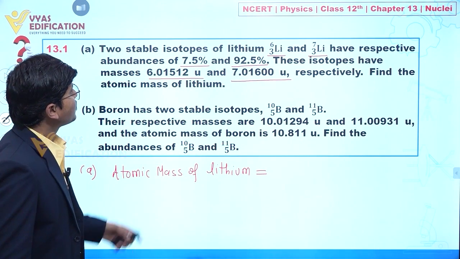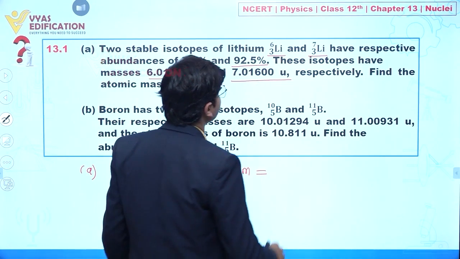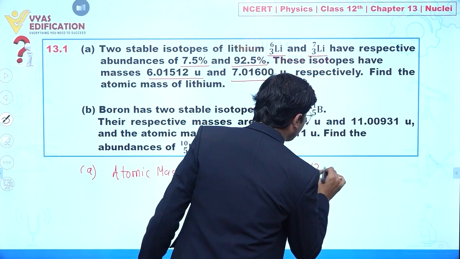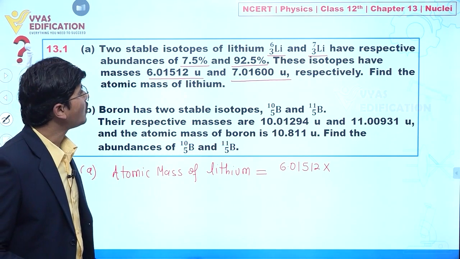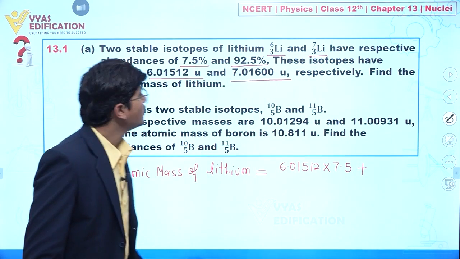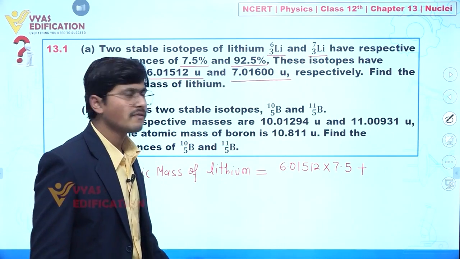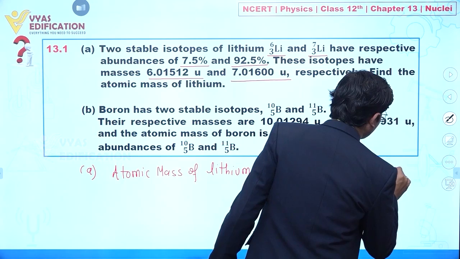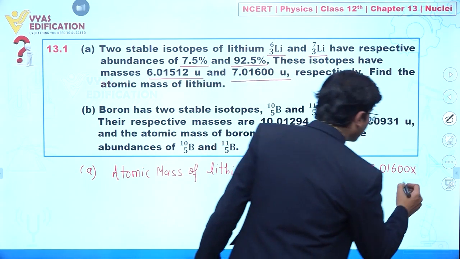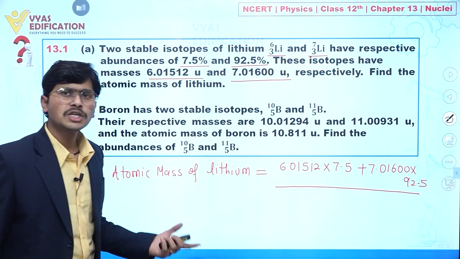First of all, we will write the atomic mass of this isotope, 3Li6, which is equal to 6.01512 multiplied with the percentage abundance of this isotope, 7.5%, plus the atomic mass of this isotope, 7.01600, and its percentage abundance, 92.5%, divided by the total summation of percentage.